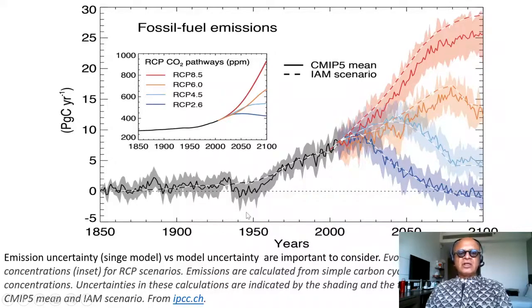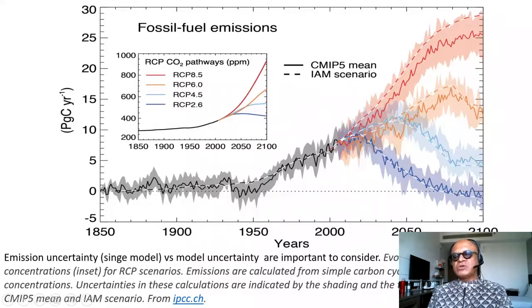So they are kind of in the same envelope over the historic period, but for future projections, when you look at the integrated assessment models shown in this broken line for each scenario versus the CMIP 5 mean, you can see that the differences can be significant, especially for this scenario.